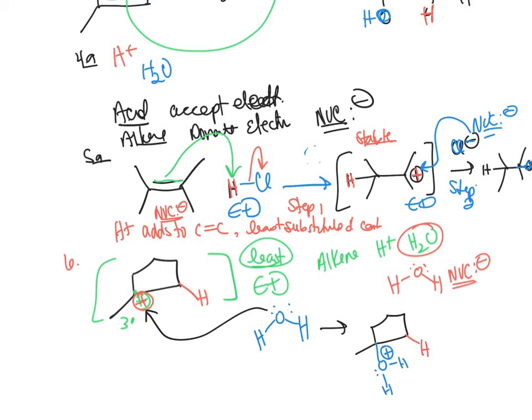Okay, and then what you have to do basically is the water would do a deprotonation to give you your final product, which regenerates your acid. And the acid is catalyzed. So this would be OH, your hydrogen would be there, and then that would generate H3O plus, which is your acid catalyst.